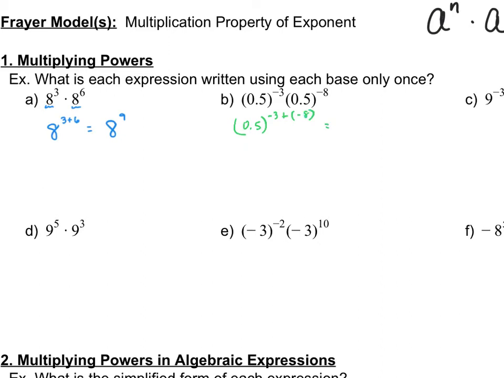When I combine those, that turns out to be 0.5 to the negative 11. And if I'm going to simplify that, I may want to do it with a positive exponent, which would be the same as 1 over 0.5 to the positive 11 power. Again, both are equal statements. One has a negative exponent, one has a positive exponent.